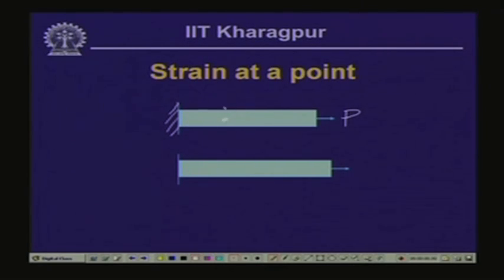Let us say this is A, which is at a distance of x from the fixed end. Now, to evaluate the strain at a point in a stressed body, what we do is we consider an imaginary fiber, let us say AB, which is of length dx or delta x.